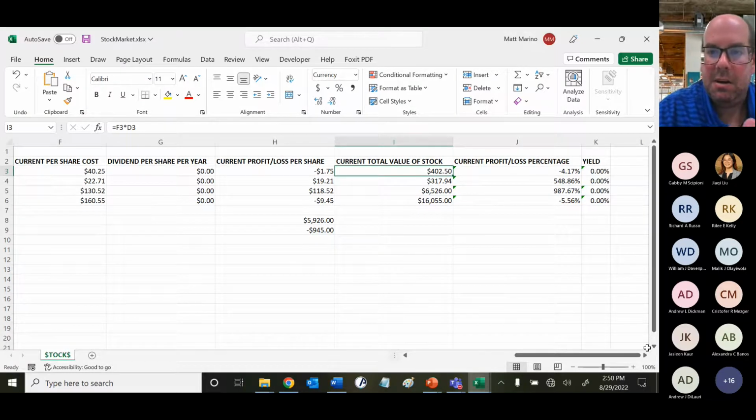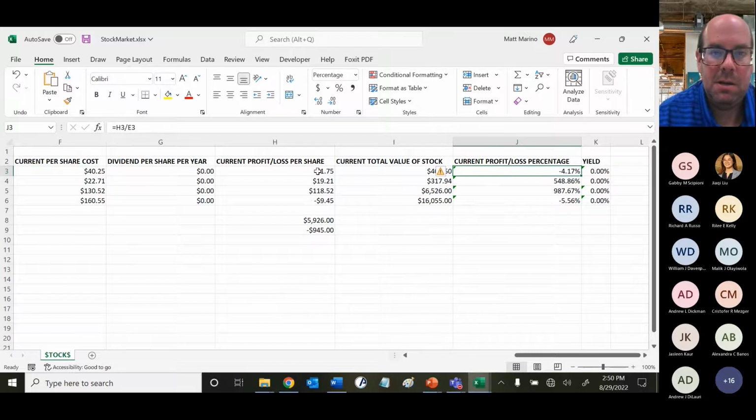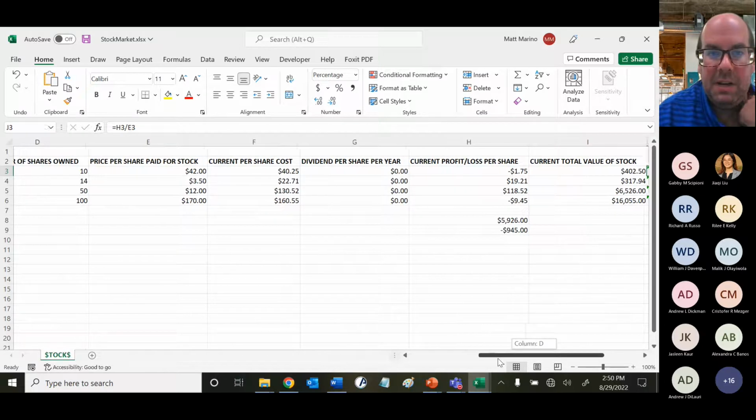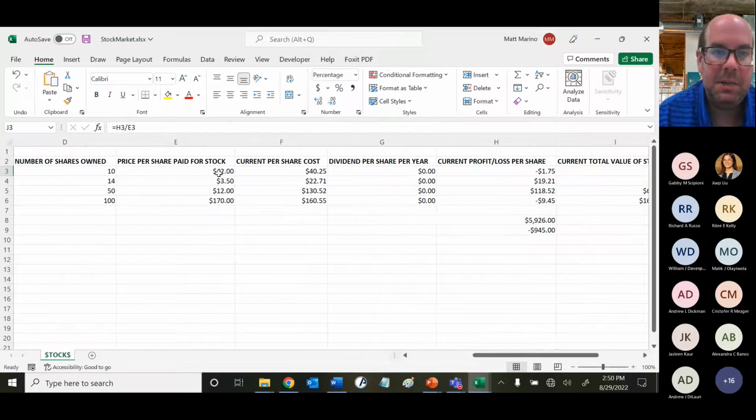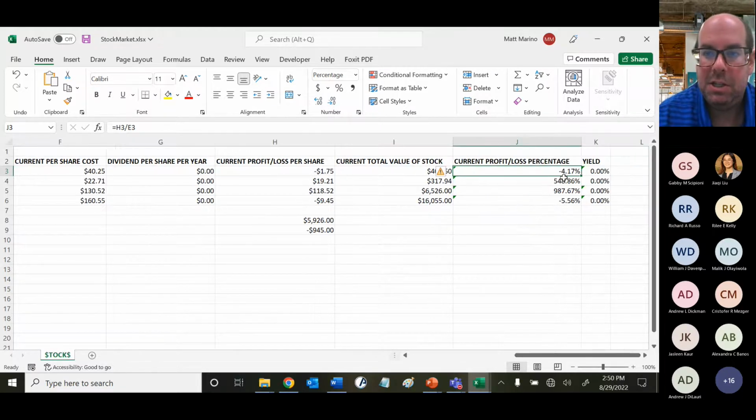So then we calculate our current profit loss percentage, which is our per share profit loss divided by our price paid. So again, that just tells us for one specific share. So for every share of Twitter, it's down 4.17%.